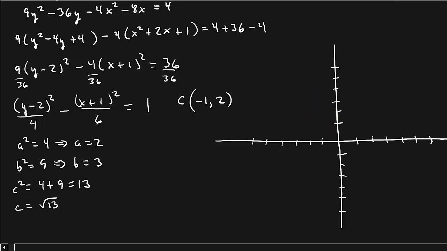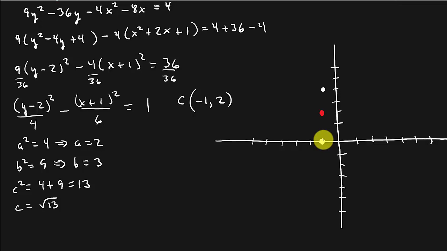And let me do that in a different color again. Let's do it in red. Maybe we can see it a little better. So there's our center. So everything's going to come off that. Okay. So let's see. The a term is under y. So that means we're going to move up 2 and down 2 from where the center is. So we're going to go up 2 and we're going to go down 2.